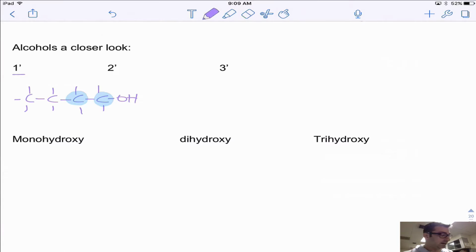Now, if it's secondary, then it has an OH attached to a carbon in the middle of the chain. Technically, the reason why they call it secondary is because the carbon that is attached to the OH is attached to 2 other carbons.